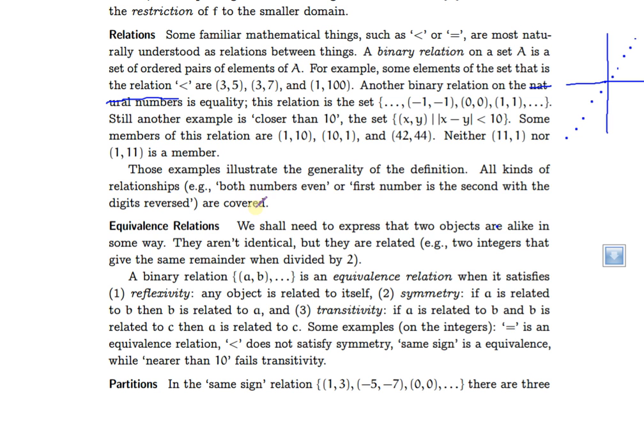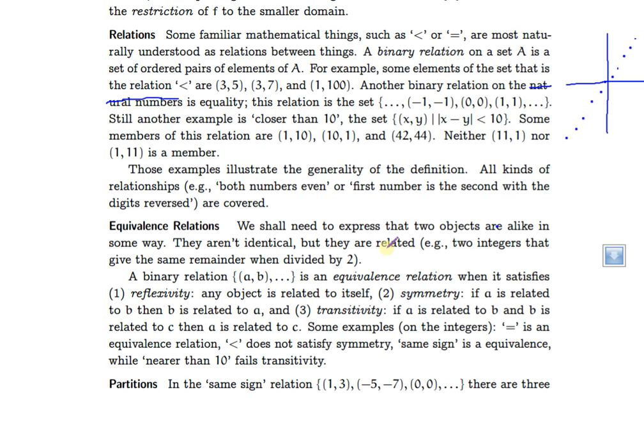One special type of relation expresses similarity between two objects. Here we say two objects, but really we're thinking about numbers, perhaps vectors, something mathematical. We want to define equivalence relations in such a way that they reflect the fact that the two things that are related have some similarity.